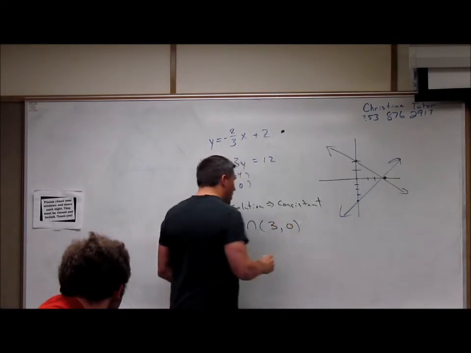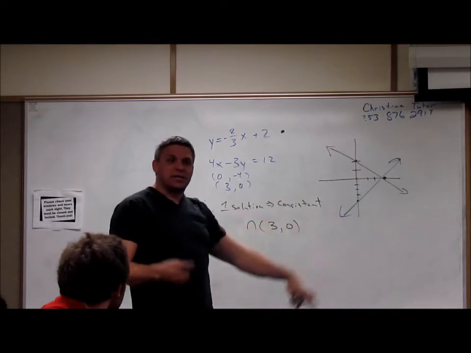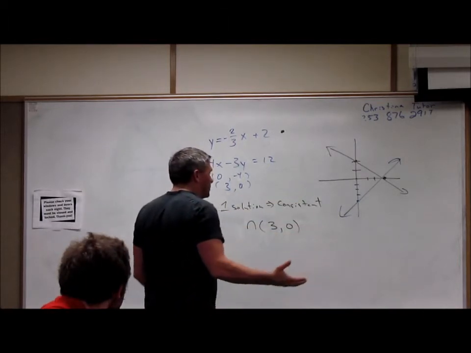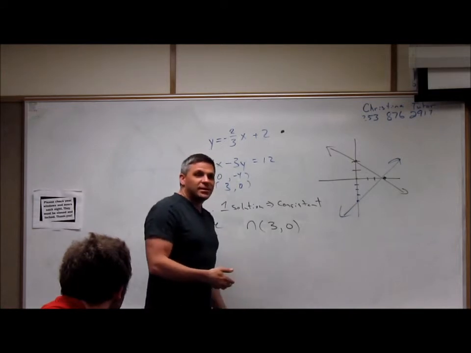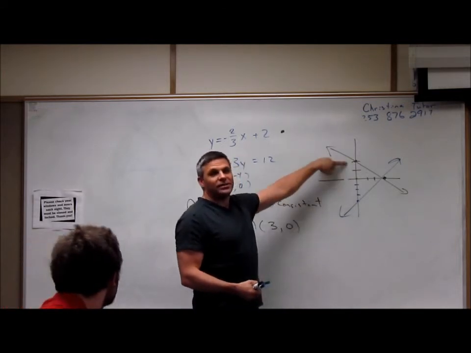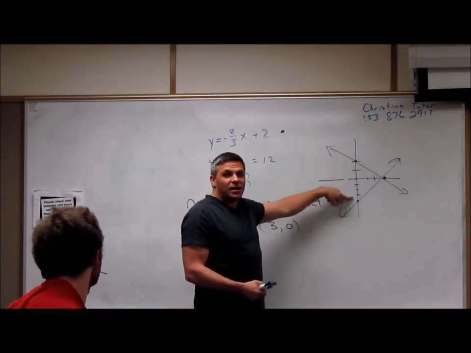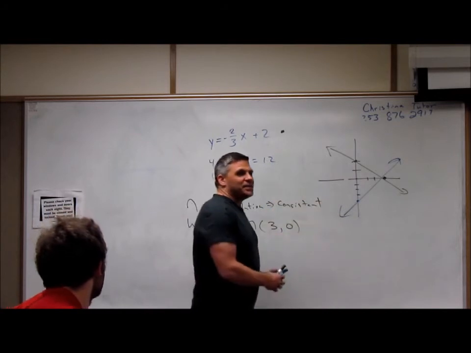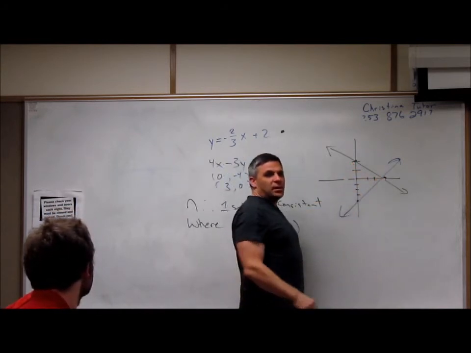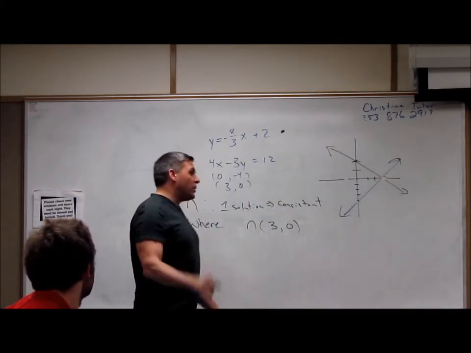There's an intersection at 3, 0. So in this case, I was able to draw it and find the intersection with my drawing. It didn't matter how cruddy my drawing was, and it was cruddy. Did you notice this was big and wide, and these are really narrow? This is so off base, but it doesn't matter because the slope went down to a specific point, and these 2 points were also on that specific point.